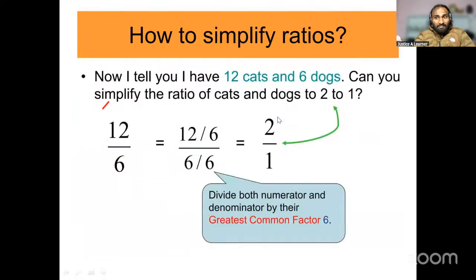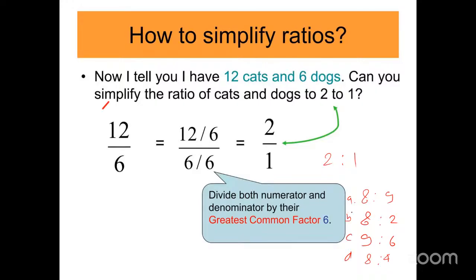Sometimes it can give you options regarding the pair, like 8 to 2, 9 to 6, for example 4 to 8. So you need to tell which one is correct.